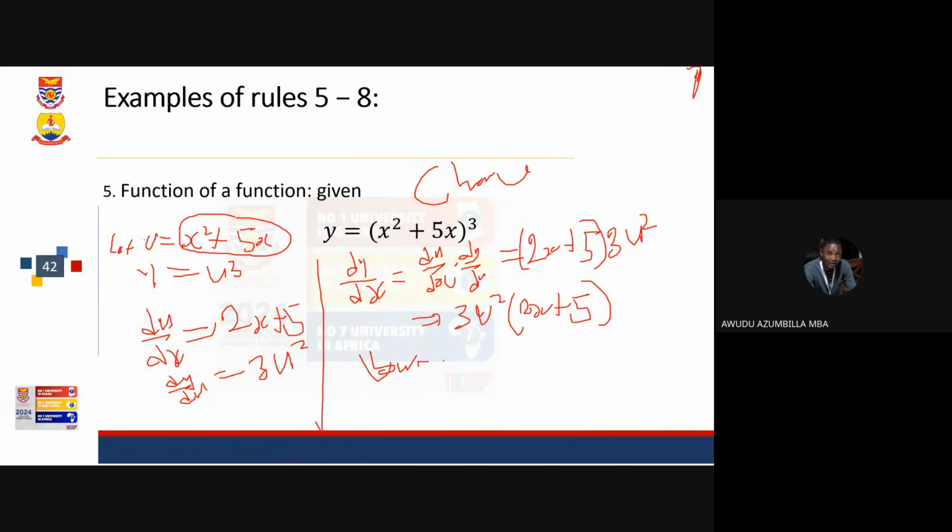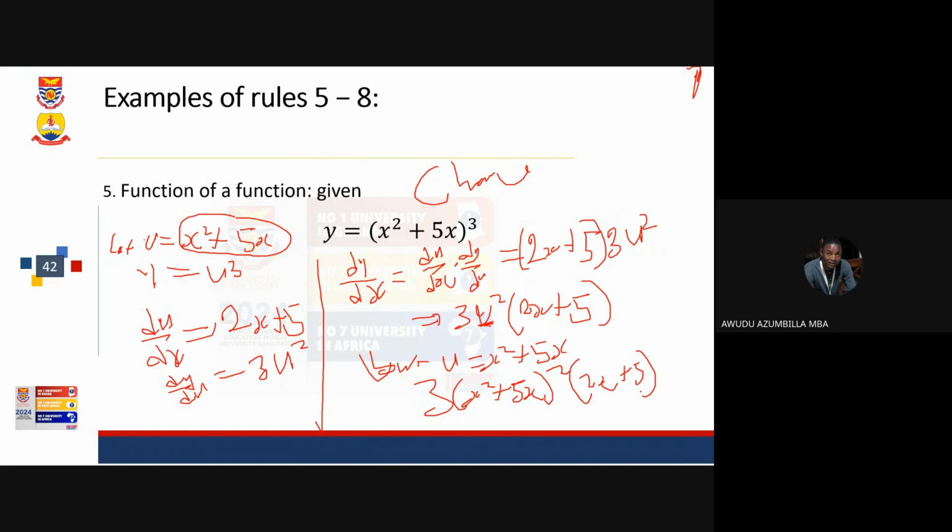But we know that our u is equal to x squared plus 5x. So we can substitute u into the formula to get 3 bracket x squared plus 5x, close the bracket, raise to the power 2, then multiply by 2x plus 5.